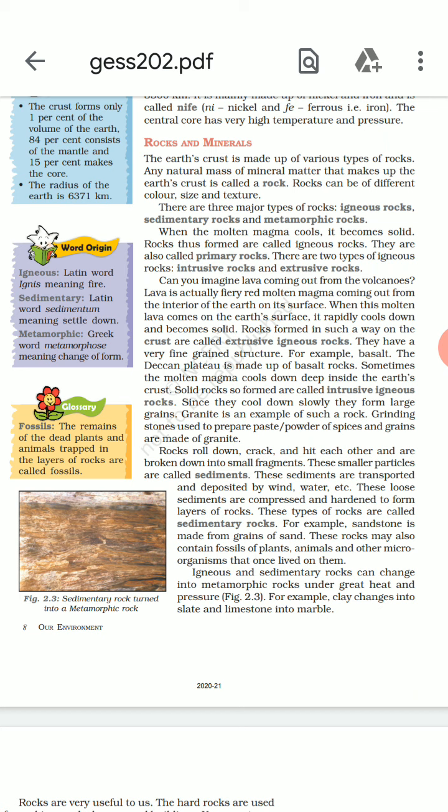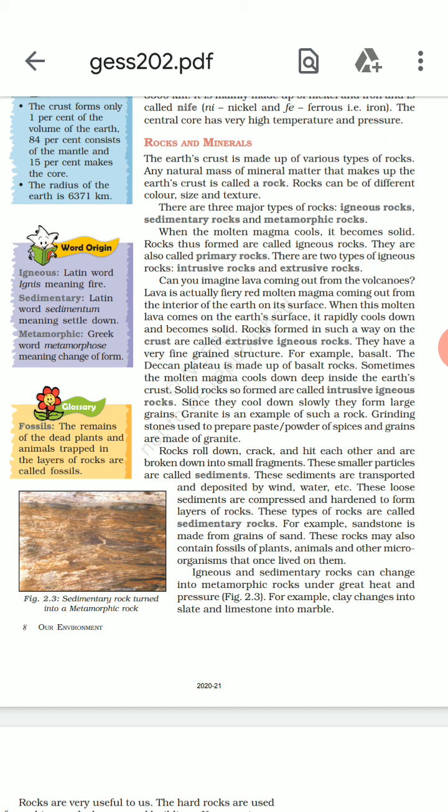Rocks formed in such a way on the crust are called extrusive igneous rocks. And see, students, when that molten magma comes out from the volcano and cools down on the earth's surface, from that the extrusive igneous rocks are made.